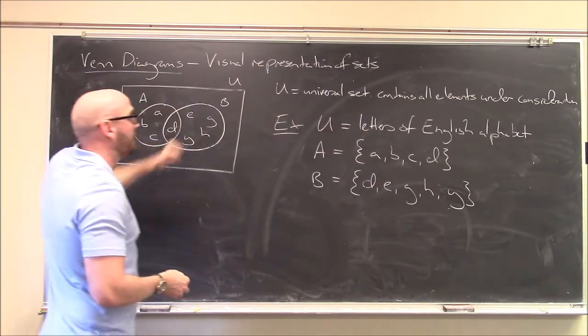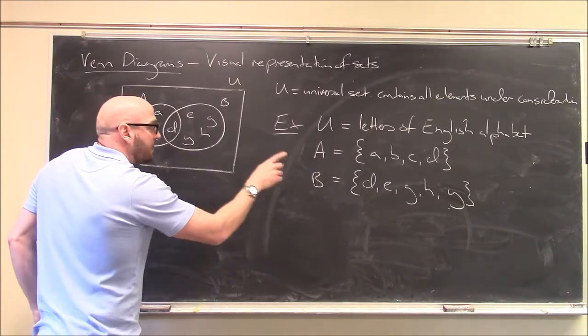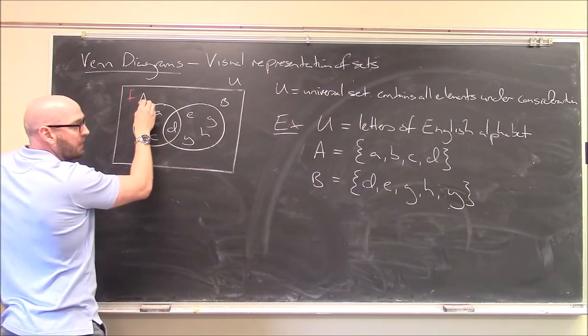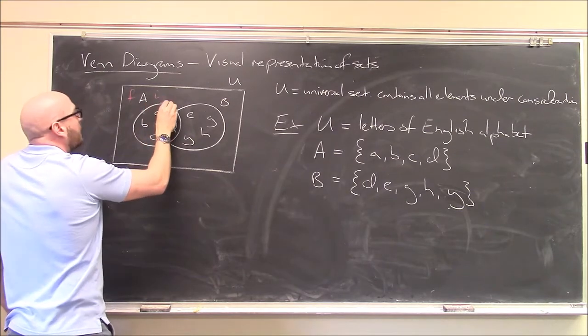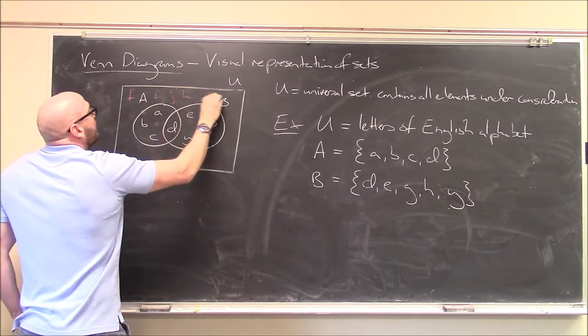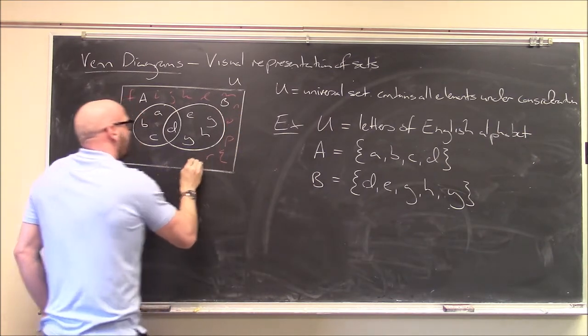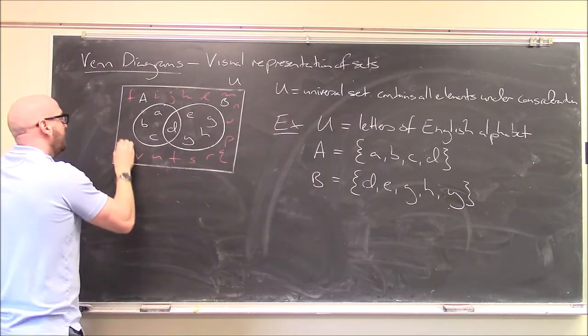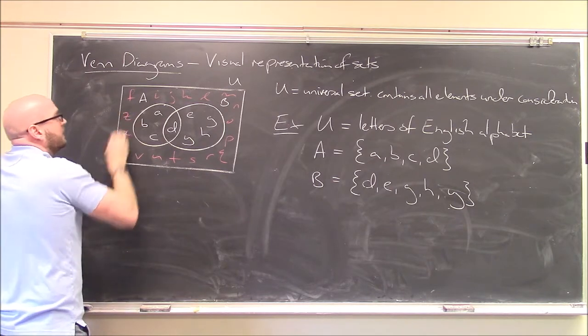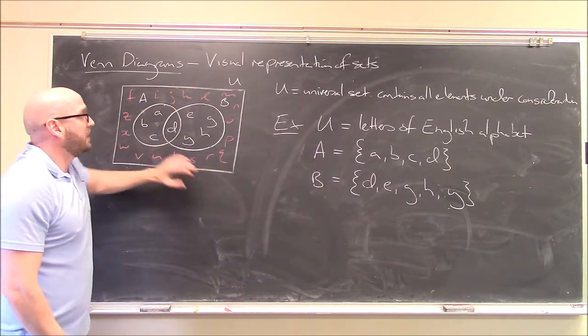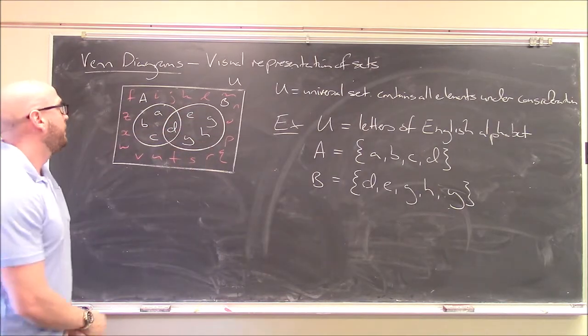They're still out here in U. What would these be? A, B, C, D, E, F, G, H, I, J, K, L, M, N, O, P, Q, R, S, T, U, V, W, X, Y, and Z. So out here in the universe, we've got all of these other letters that are not parts of A and B.